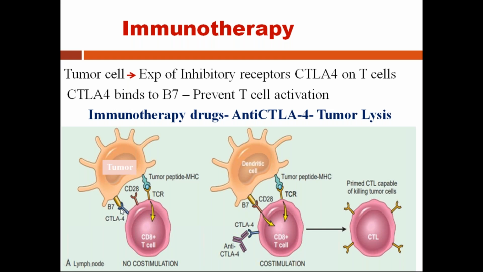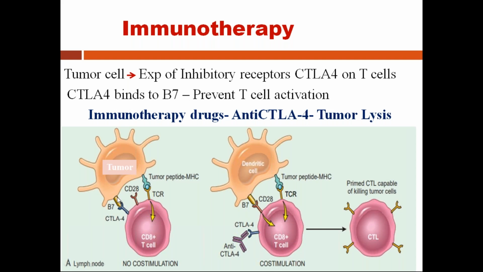What does this receptor do following signals from the tumor cells? It attaches to the ligand, which is also a receptor, that is the B7 ligand, either on the tumor cell or on the dendritic cell. This B7 ligand is also expressed in all the nucleated cells.